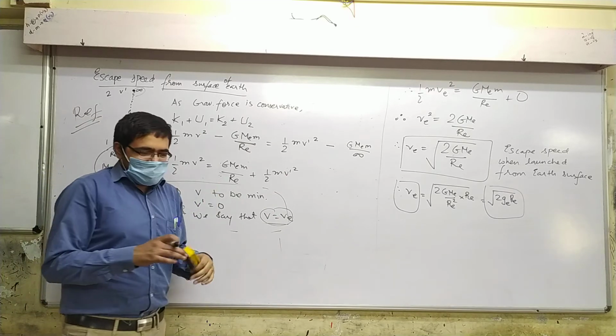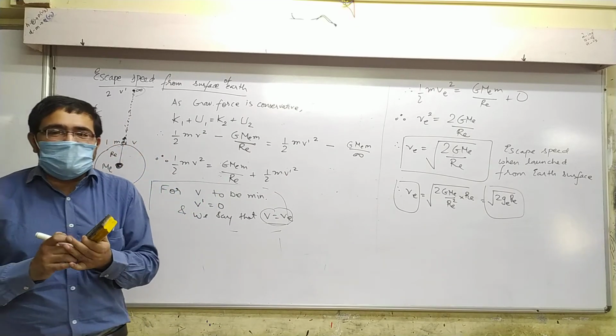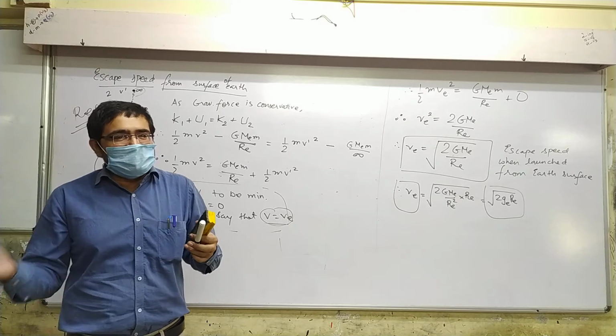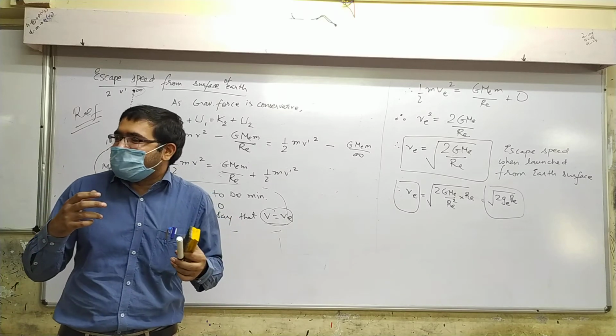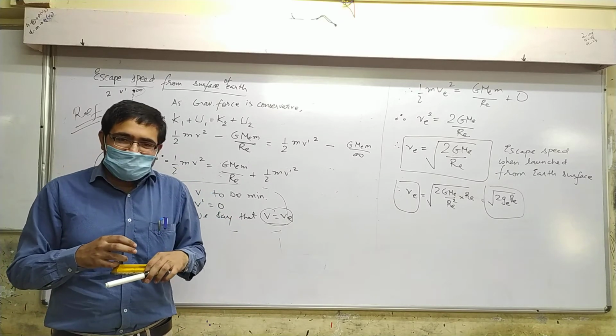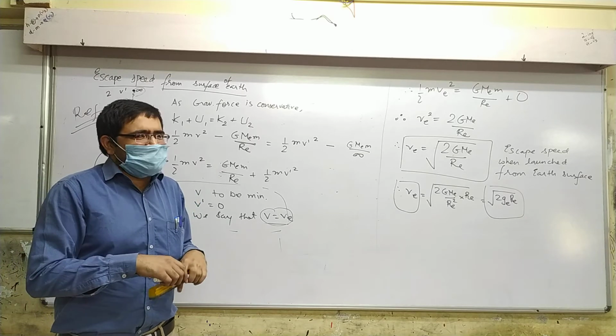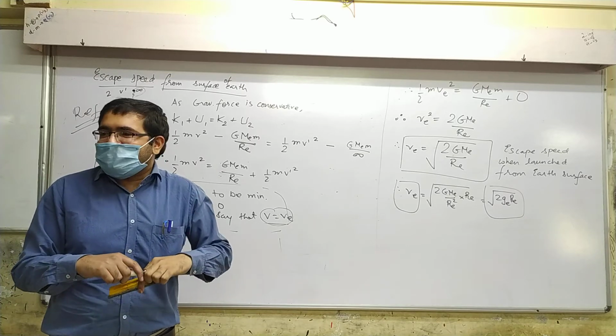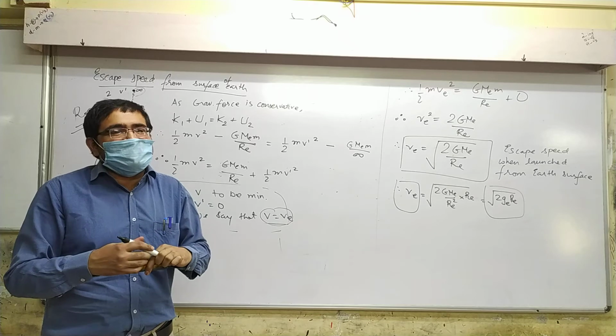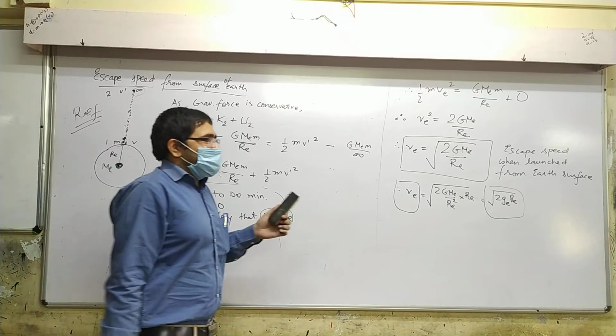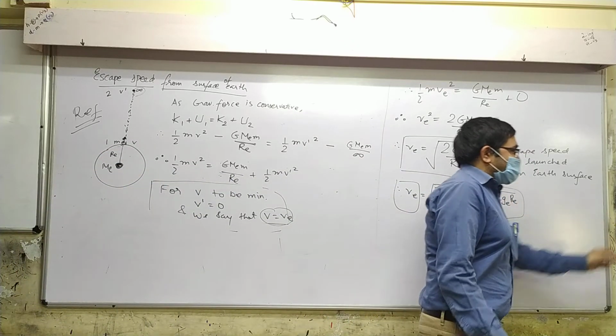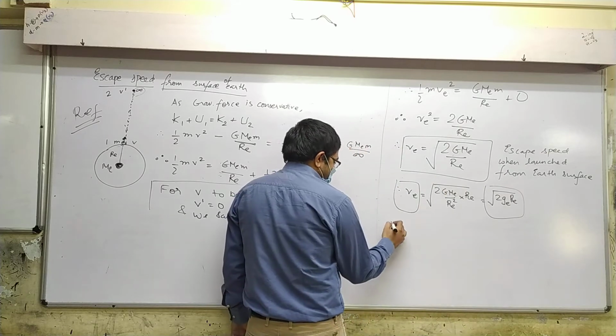Let's find the value. You might be curious how much is that speed really with which you should throw so that it never comes back. I know you might be eager to throw your physics textbook so it never comes back and you don't have to study it, right? Okay, let's find out what's the speed required.